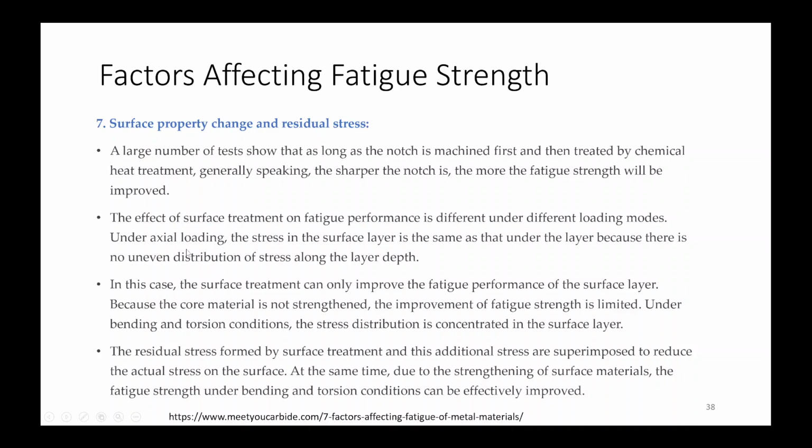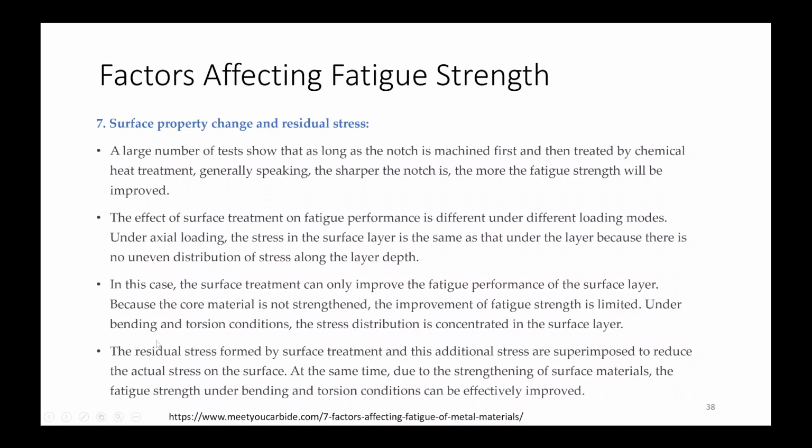Under axial loading, the stress in the surface layer is the same as under the layer because there is no uneven distribution of stress along the layer depth. In this case, the surface treatment can only improve the fatigue performance of the surface layer because the core material is not strengthened and the improvement of the fatigue strength is limited.